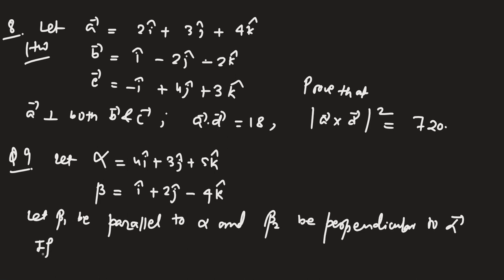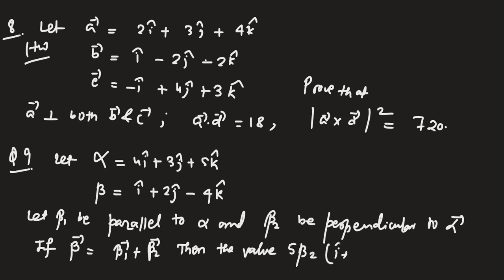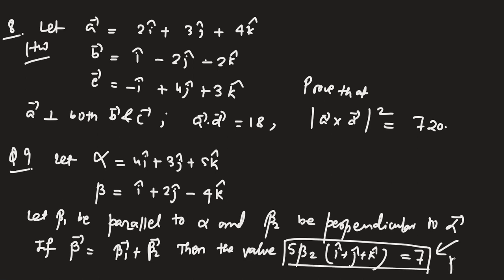If beta vector is the sum of beta 1 vector plus beta 2 vector, then the value of 5 beta vector dot (i plus j plus k) is equal to 7. This result you have to prove. So this is little homework.